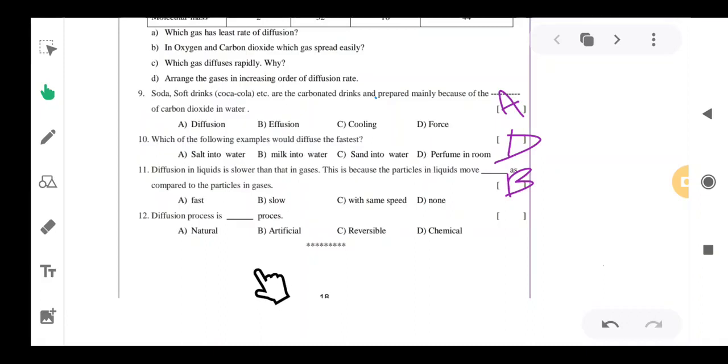These are natural processes. So this is not chemical, not artificial, not reversible. So we can simply choose the correct answer A. So here you have to write the last one as A.